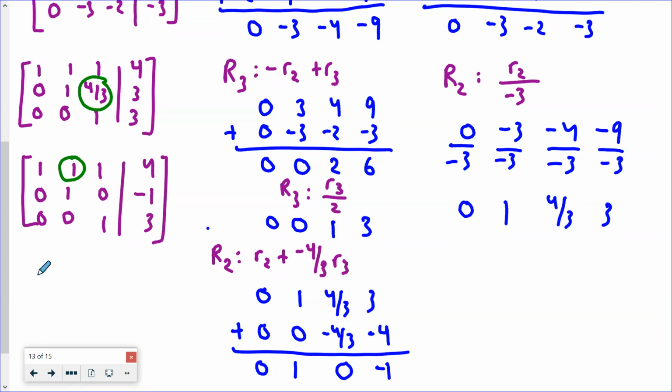Row 2. Yeah, so I can't use row 3, right? Because there's nothing there, so I have to use row 2. Good. What's the opposite of 1? No, what would make it turn into 0 is what we're going for. So the opposite of 1 would be -1.